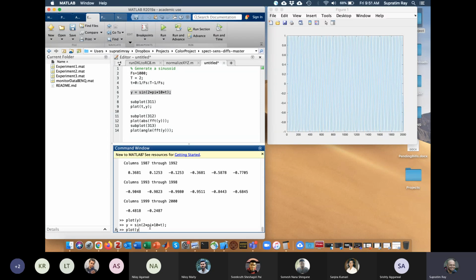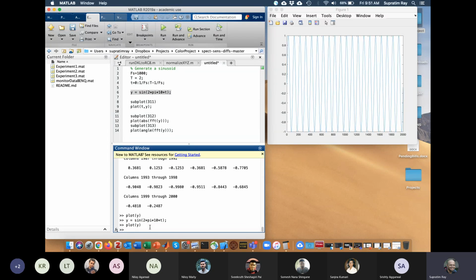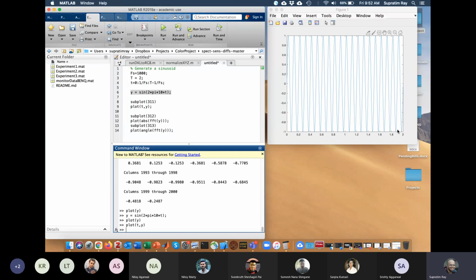So plot y. So now there are 20 cycles. 1, 2, 3, 4, 5, 6, 7, 8, 9, 10, and 10 more here. Okay, and I could also plot t versus y. So it now shows the signal from 0 to 2 seconds. It starts at 0 and ends at 0.